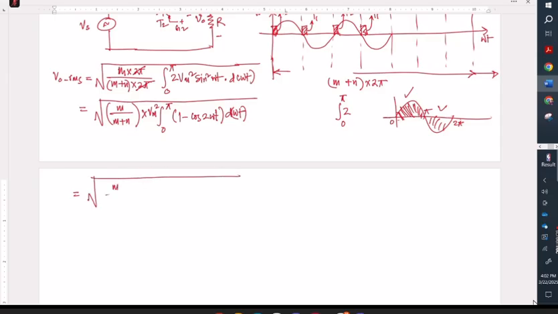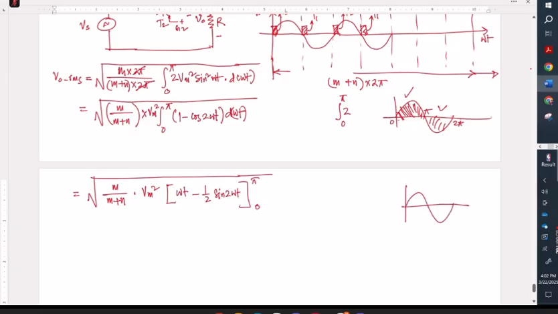So inside the integration, M over m plus n multiplied by Vm square, and then it should be omega t minus half sine 2 omega t, and the limit should be pi to 0. Right? Yes, sir.